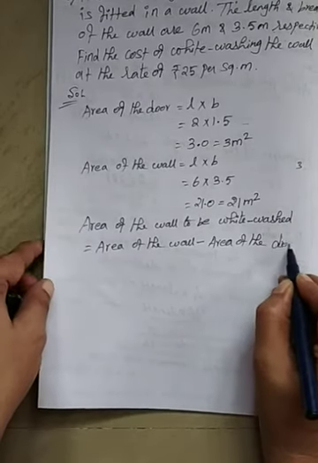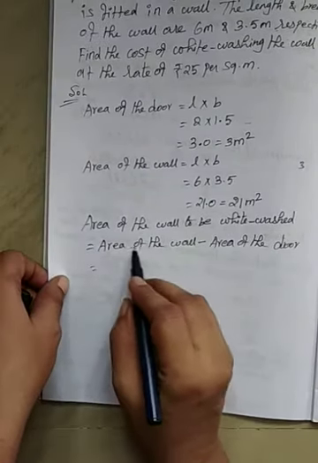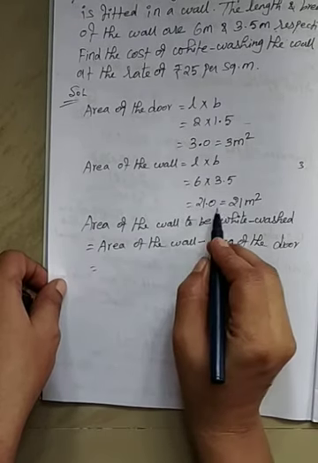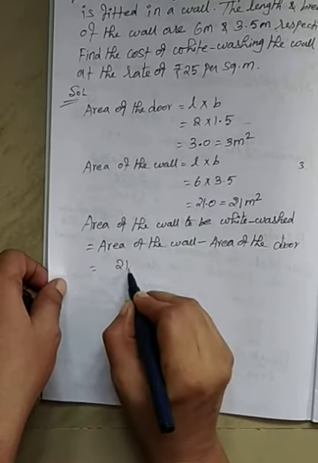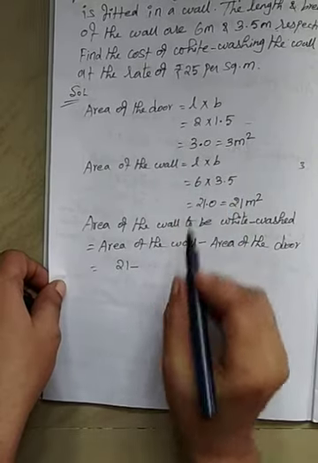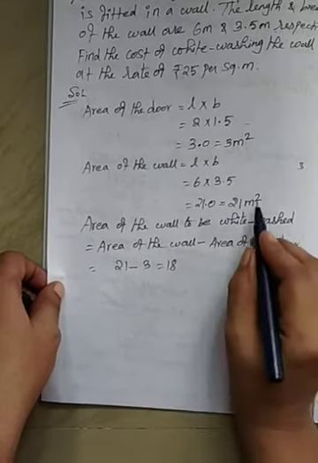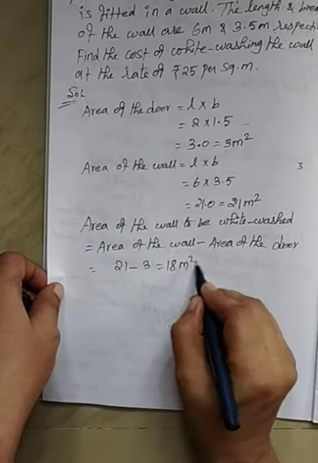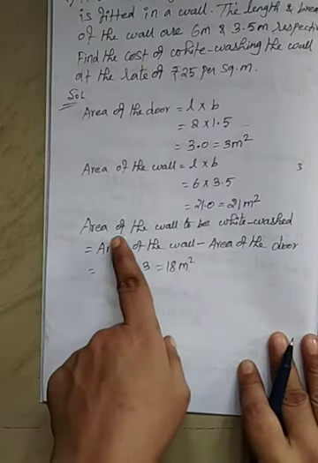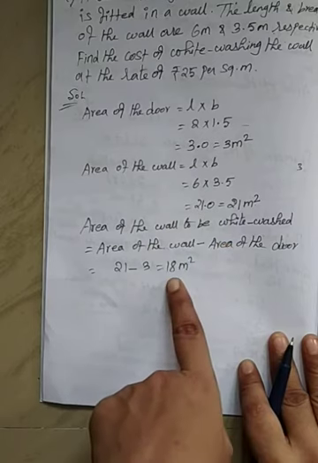Okay, now see here, what is the area of the wall? 21 minus area of the door 3. What is 21 minus 3? 18. Both are meter squared, so we have to write meter squared. So this is the area of the wall to be whitewashed.